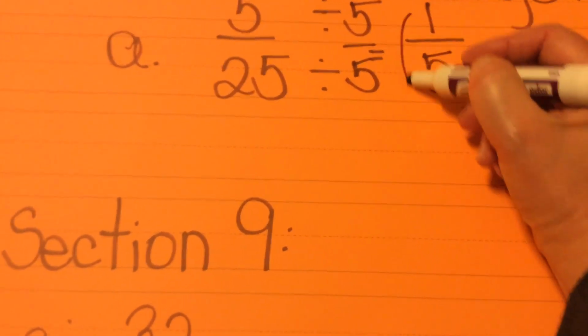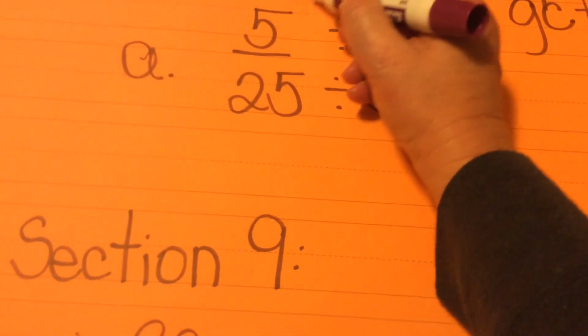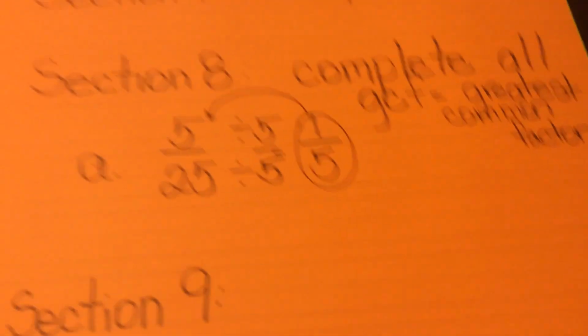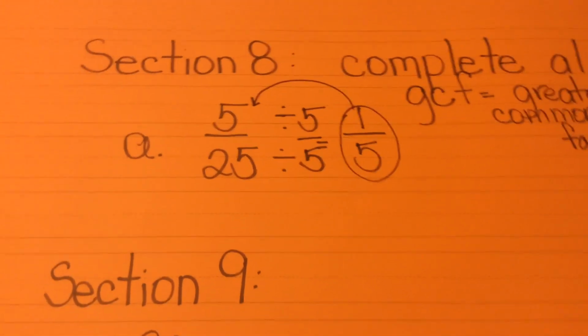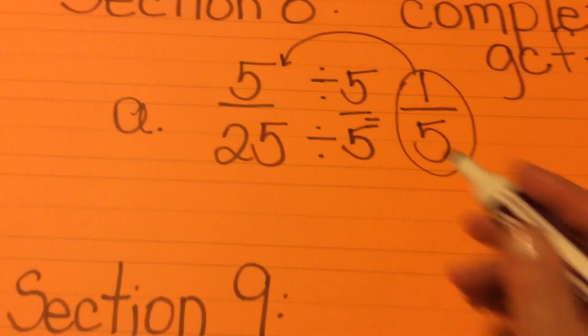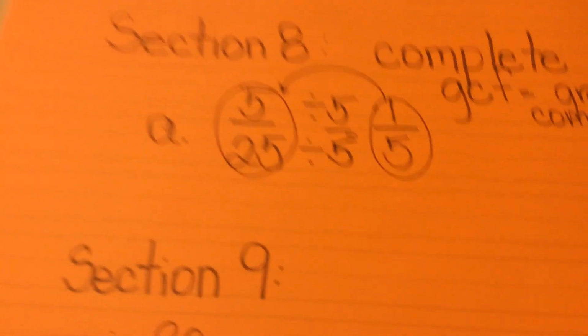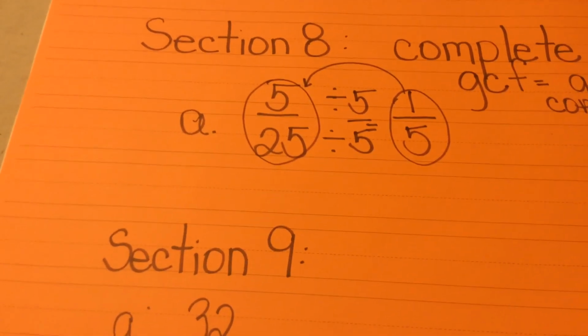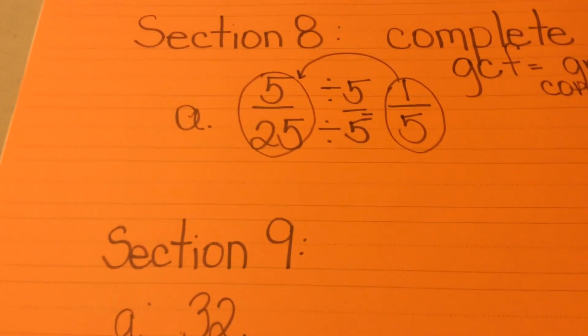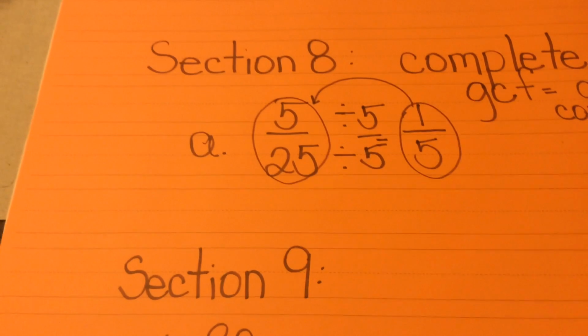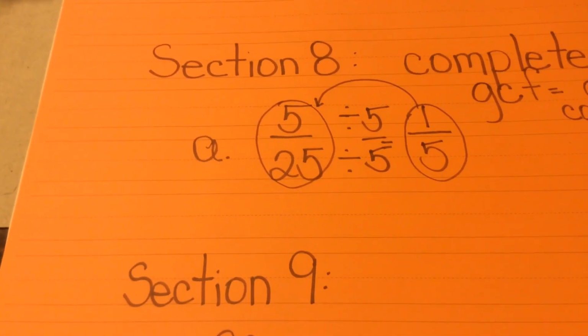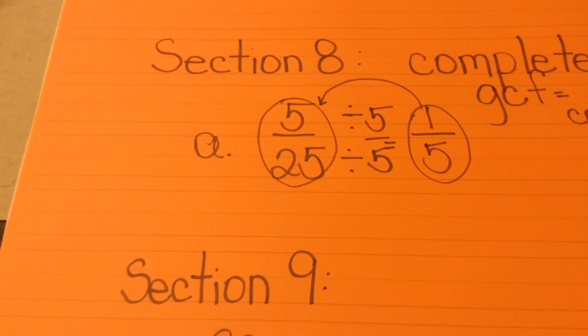And then we can say that 1/5 is equivalent to 5/25. Okay? Excellent.